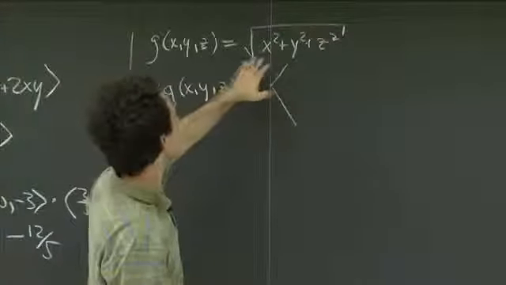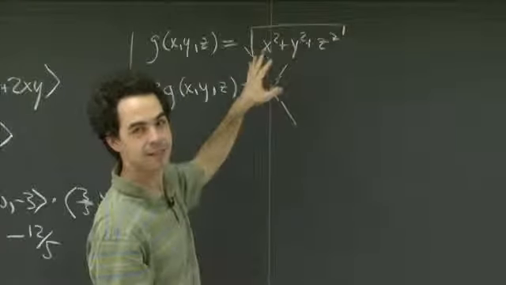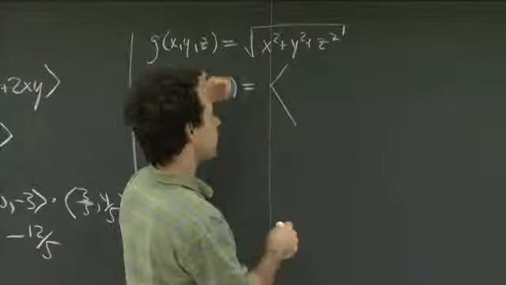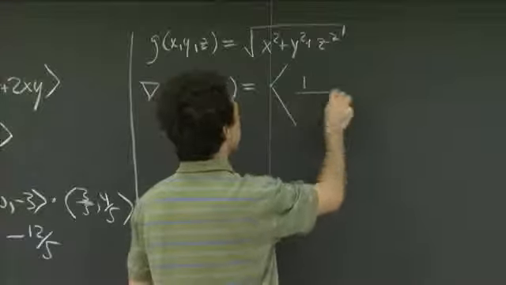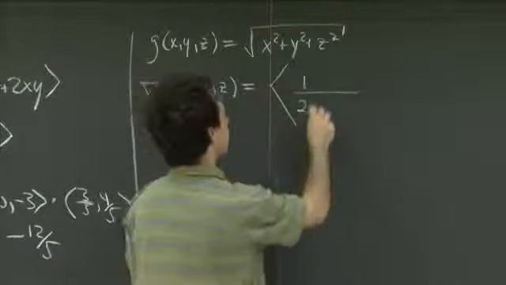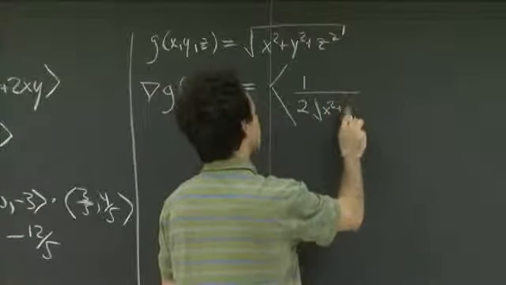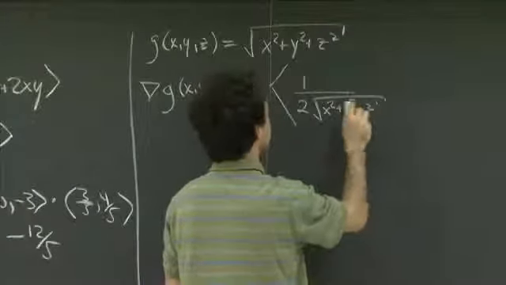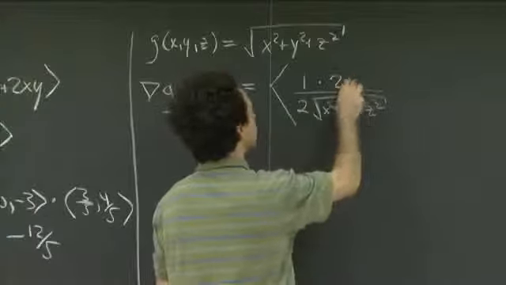So I get the derivative of the inside times the derivative of the outside. The outside function is a square root, so that's to the 1/2 power. So I get 1/2 times the thing inside to the -1/2 power, so it's over 2 times the square root of x squared plus y squared plus z squared. And then I need to multiply by the derivative of the inside, which is 2x.